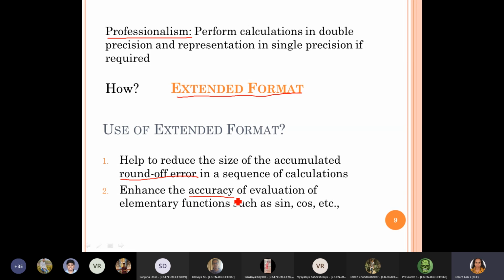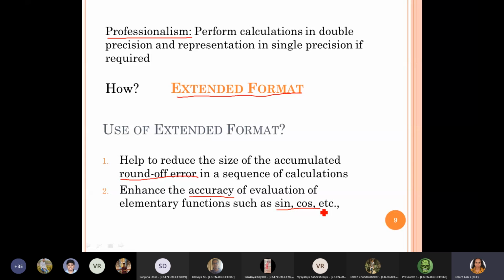That too when you have elementary functions, which can sometimes take a lot of digits. So when we reduce the representation, or introduce error in representing the basic function itself, then the end result will have a lot of error.